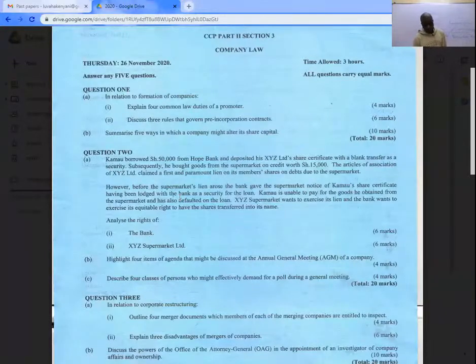That is when the company can exercise the right of lien over Kamau's shares.